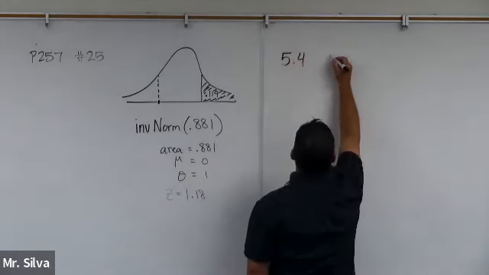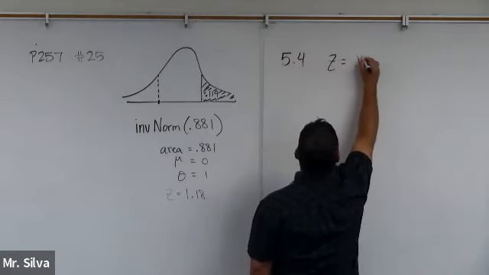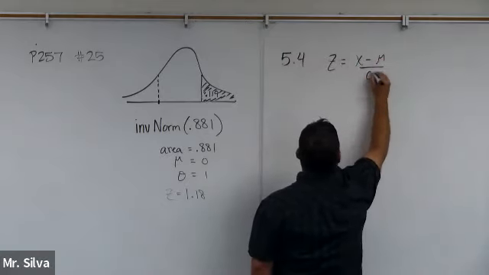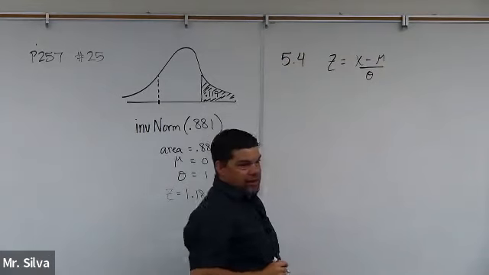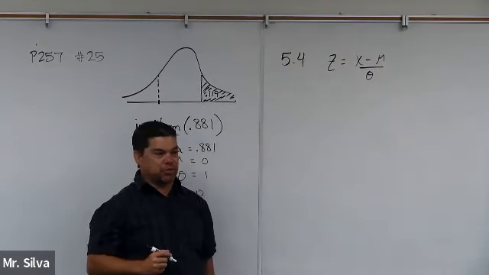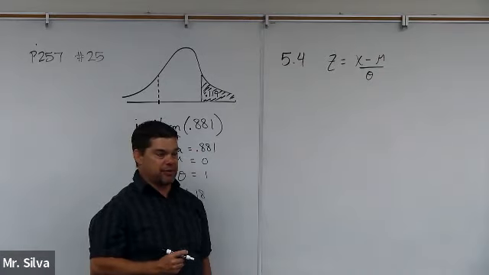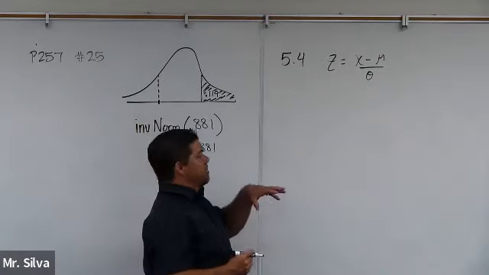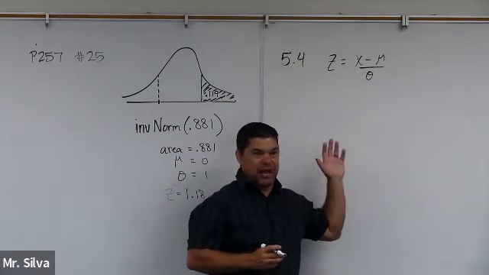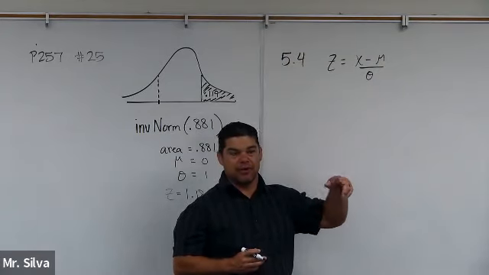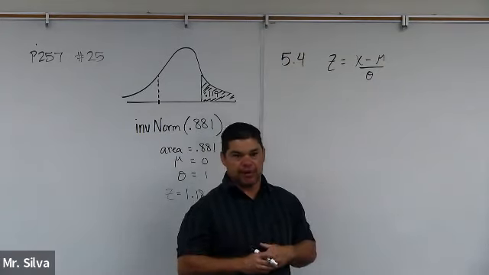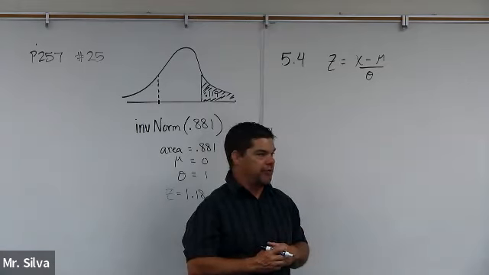So the idea is when you get a z-score, that's the formula that we typically use. Those are population parameters. Mu and sigma are population values. So if something's happening in the population, the average GPA for Hancock students, 2.8, that's the population, standard deviation 0.5.